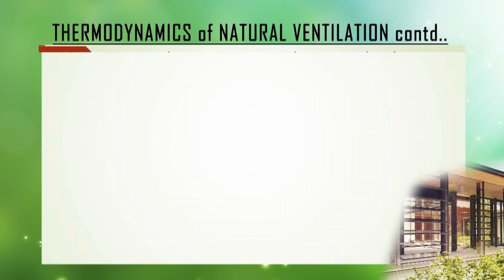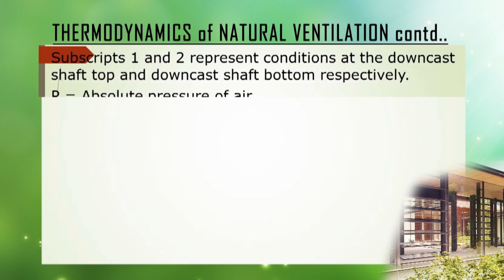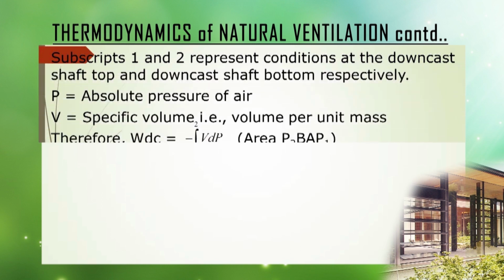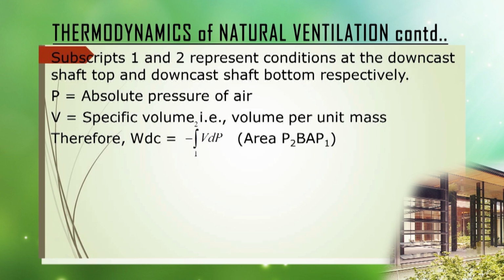Subscripts 1 and 2 represent conditions at the downcast shaft top and downcast shaft bottom respectively. That is, air entering the mines through the downcast shaft, initial pressure is P1, initial volume is V1, but at shaft bottom its final pressure is P2 and final volume is V2. P is the absolute pressure of air, V is the specific volume, that is volume per unit mass.